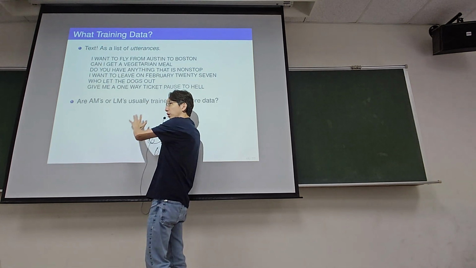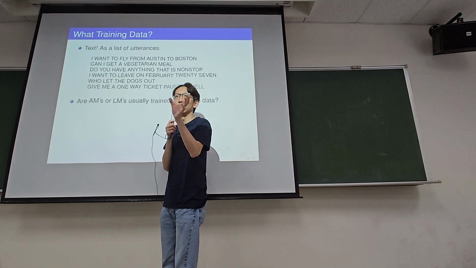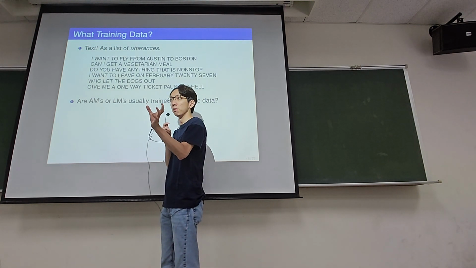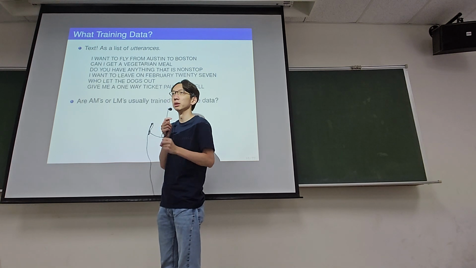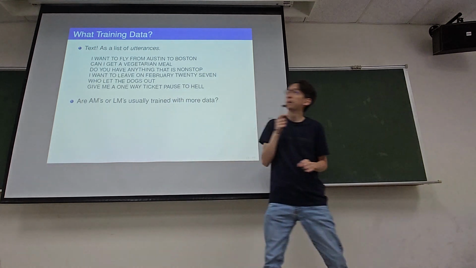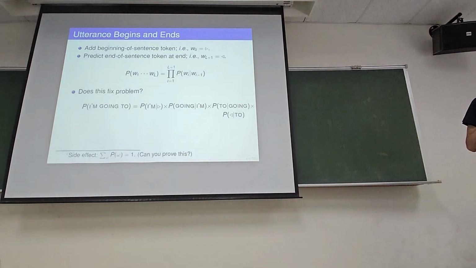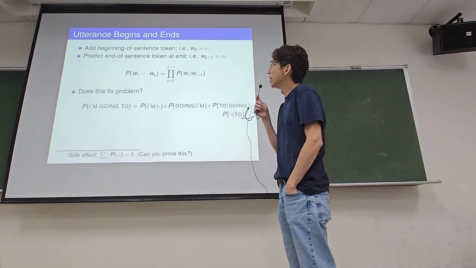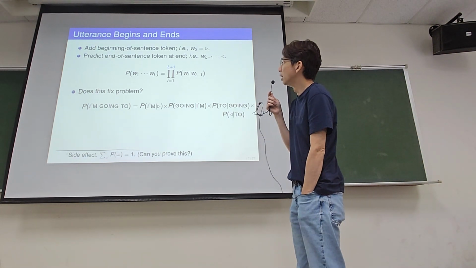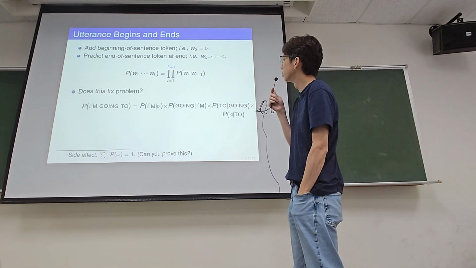This is a particular version of a language model where we simplify the joint probability of the word sequence into a first-order or second-order Markov probability multiplication. For sentences, you add a beginning-of-sentence token and also predict an end-of-sentence token at the end.